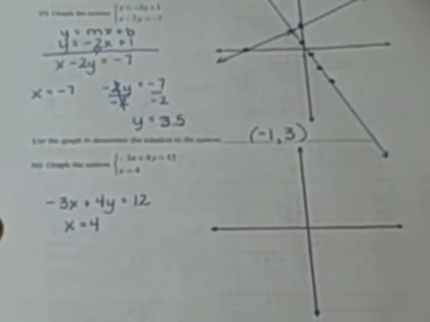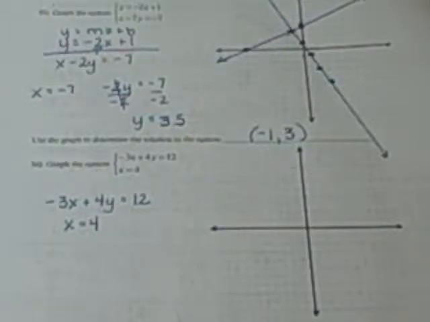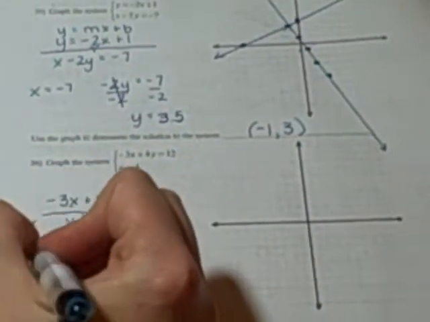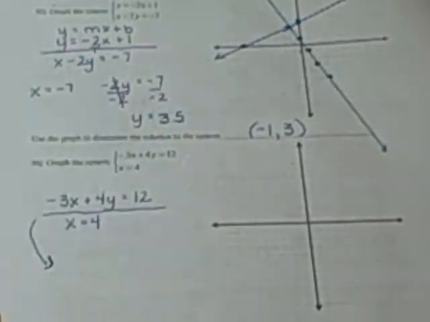That next one gives me -3x plus 4y equals 12, and then it gives me just x equals 4. Well, that top one, again, is in standard form. So I'm going to do the intercepts trick with that one again. I'll do that down here. Okay? If I am looking for the x-intercept, I always know that y is 0.